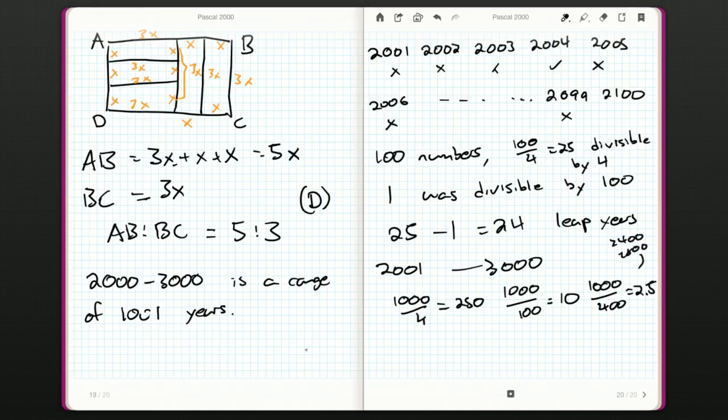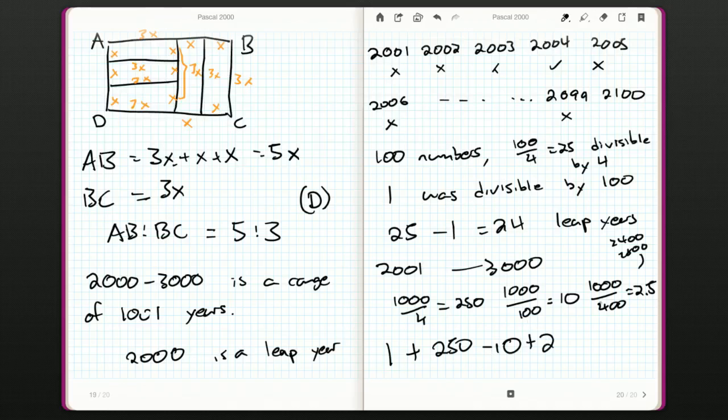So we have 1 from 2000, because 2000 is a leap year. So we have 1 plus 250 that are divisible by 4. Subtract off 10 of those that are also divisible by 100 and thus become not leap years.